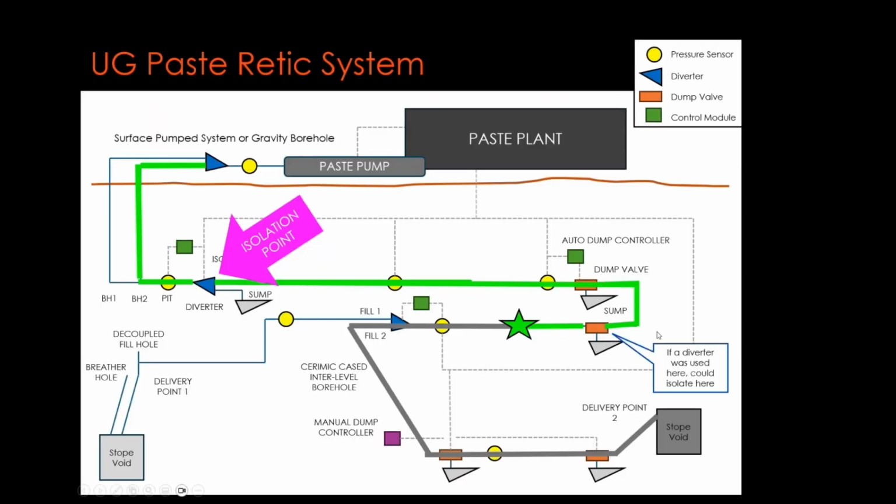So just here, I've noted that if a diverter was used here instead of the dump valve, you could isolate the system at that point and enable work on the level by the underground paste crew to repair this portion. If not, we then proceed upstream to the next diverter in line and isolate there.